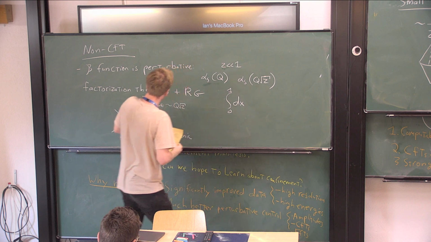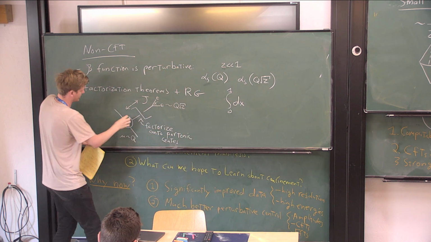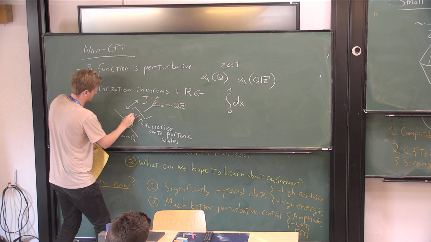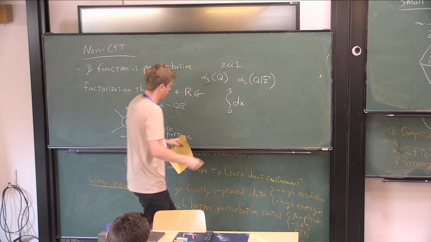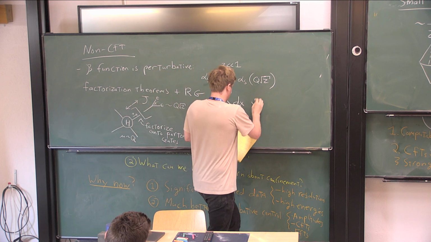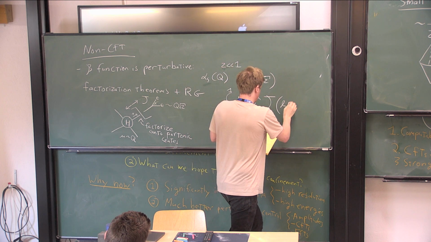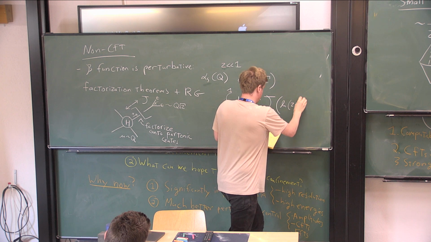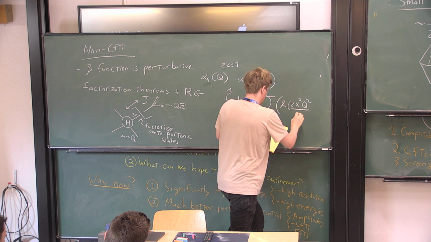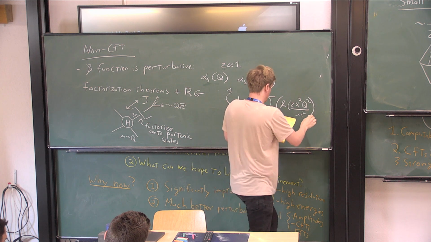So what you do is you integrate essentially over the energy fraction of this particle which is produced here. And you have some, and this, things appear in a very explicit way.